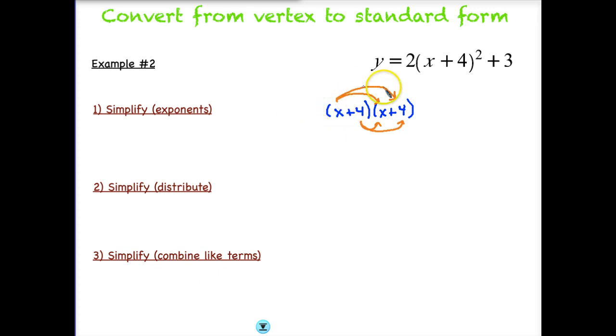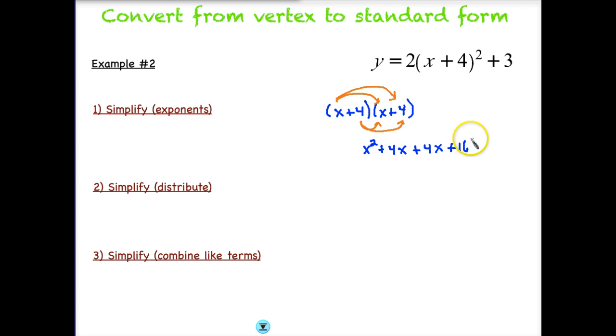Okay, so x times x is x squared. X times 4 is 4x. Then we move on to the 4. 4 times x is 4x again. And 4 times 4, and they're both positive, is 16.